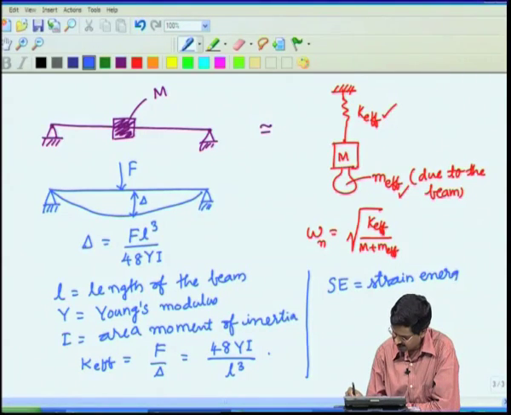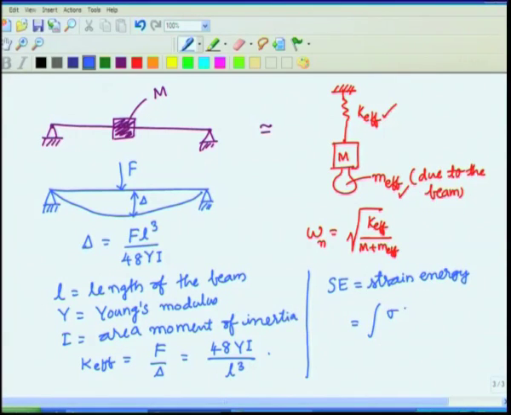If I have this strain energy, which is defined as integral of stress times strain, half of that integrated over the entire volume of the elastic body, in this case the beam. If I do this and equate the strain energy to half this K effective times motion of just this point.